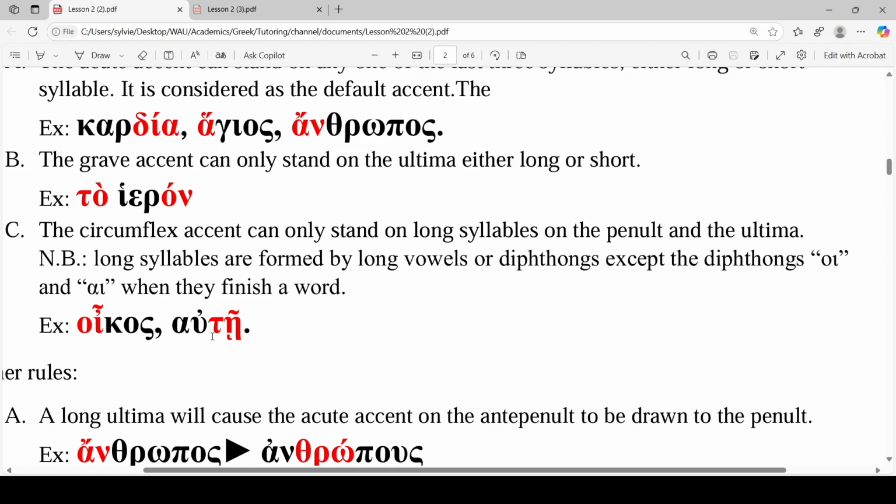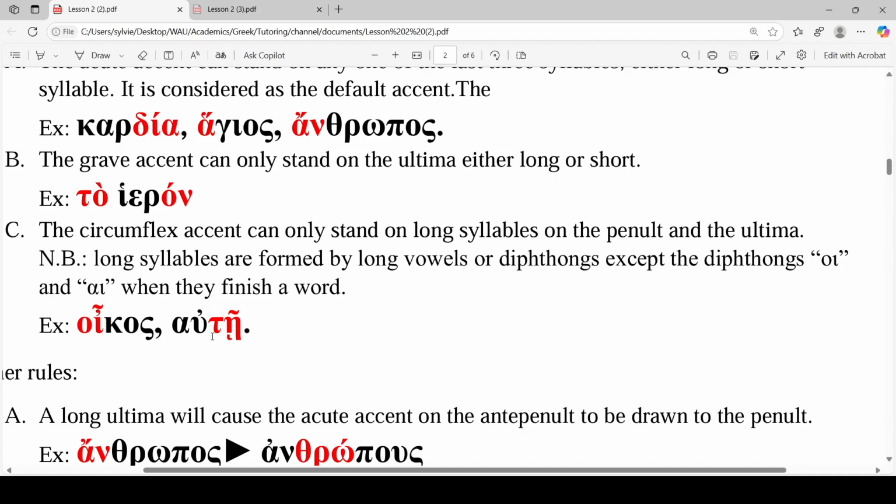You need to know your vocabularies and know that this word is accented on the last or on the penult or the antepenult. So you need to know the word. Our rules can only help you identify which accent, which sign, should be used on the accented syllable.